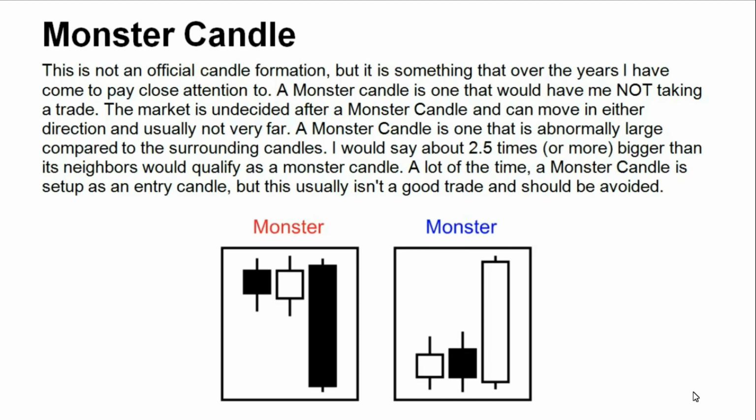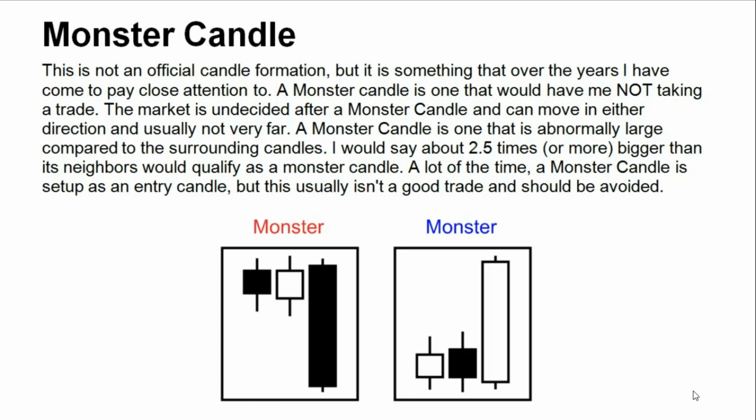Be it any currency pair, indices or stock, it's abnormal. A lot of times you see this setup and you just jump into it, and you can either blow up your account, lose your trade, or have a high risk to reward ratio.